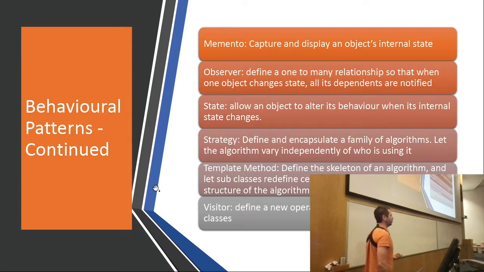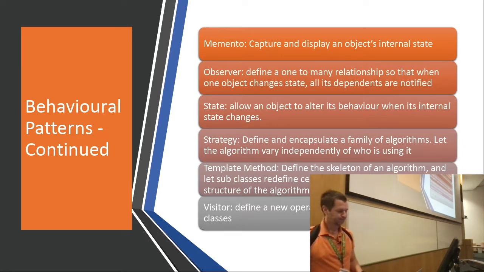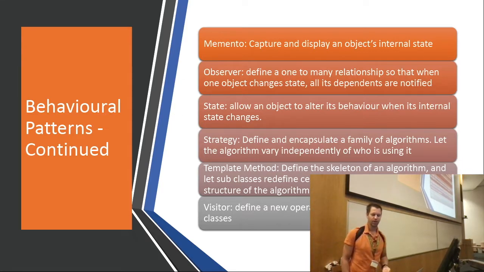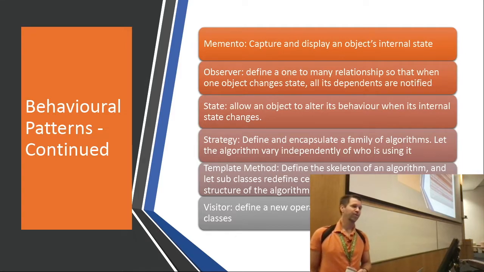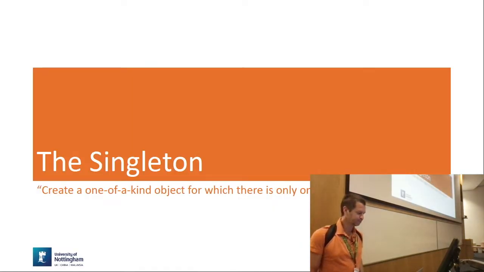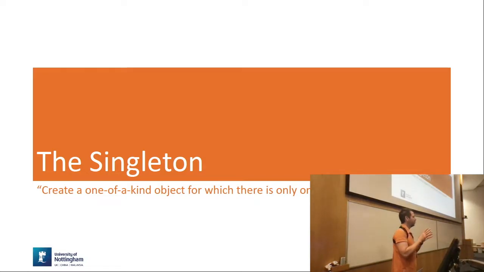A very popular one is a finite state machine, by the way. So allow an object to alter its behavior when its internal state changes. So a finite state machine is definitely a design pattern. Whether or not it's a popular design pattern is a different question. That's a little overview of the different design patterns and how they're organized.